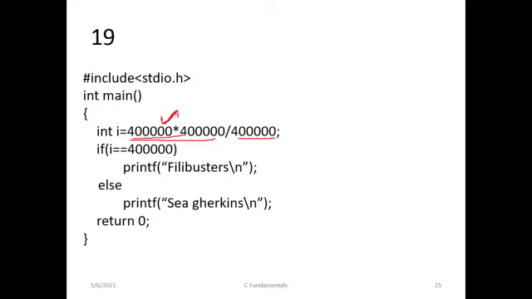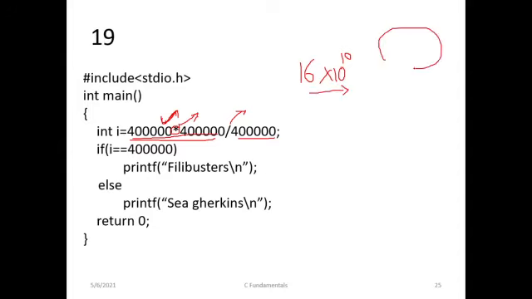As far as the operation is concerned, the priority level is the same, but as far as associativity is concerned, this will get executed first. 4 lakhs into 4 lakhs, you will be getting 16 into 10 power 10, which is out of the range of an integer.